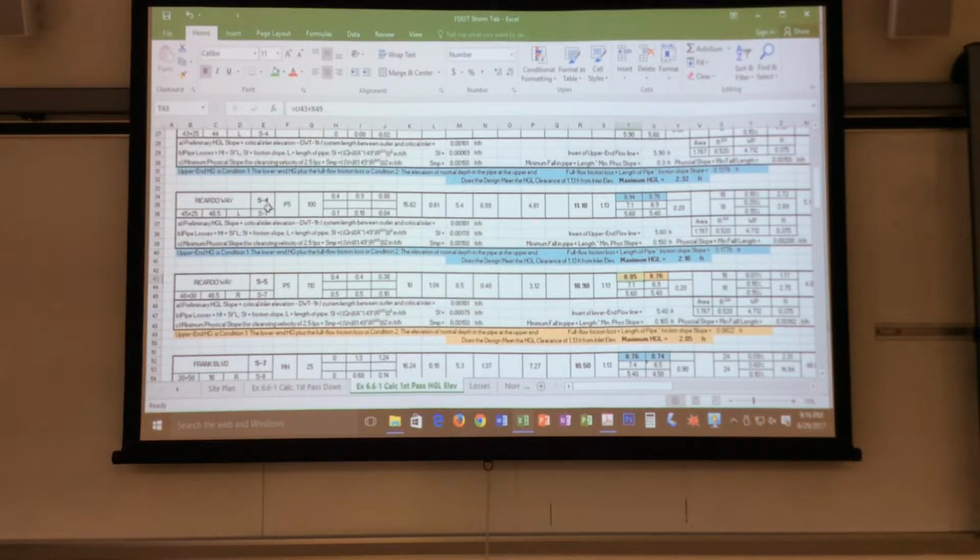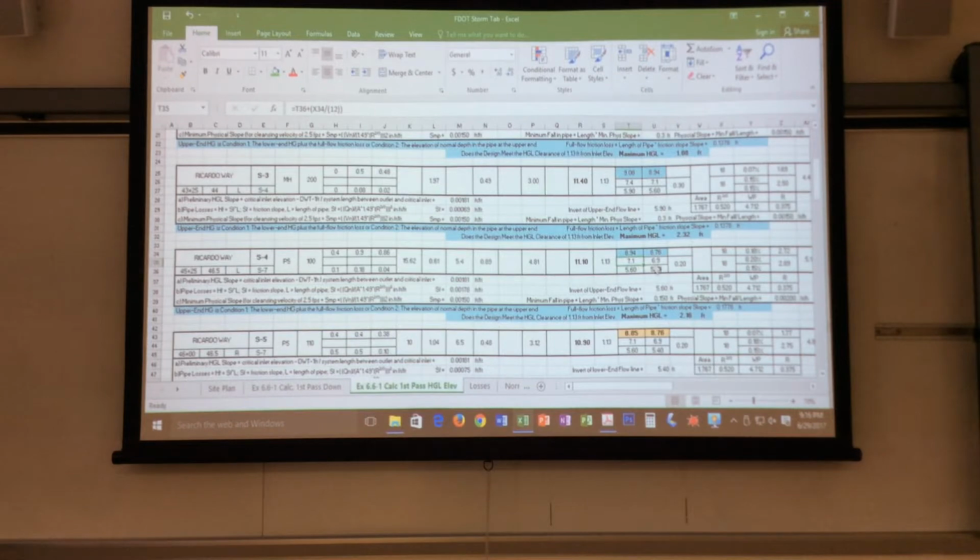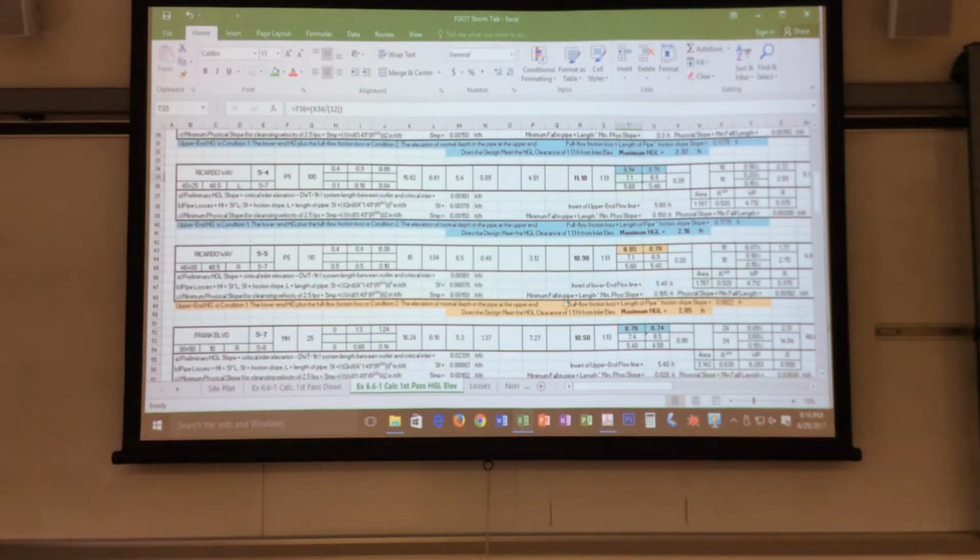So the upstream end here is set to, I'm sorry, 0.85 is S5. 0.85 or 0.87 is the downstream end of S4 to S7. Its hydraulic flowing full friction here is going to be the friction slope times the length of pipe, and then you're just going to add it.